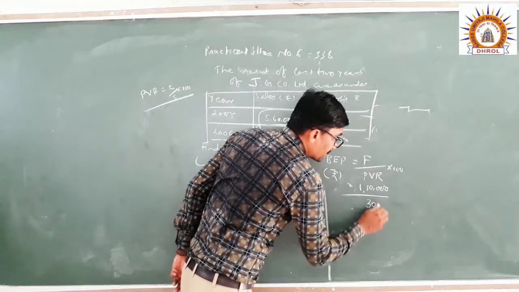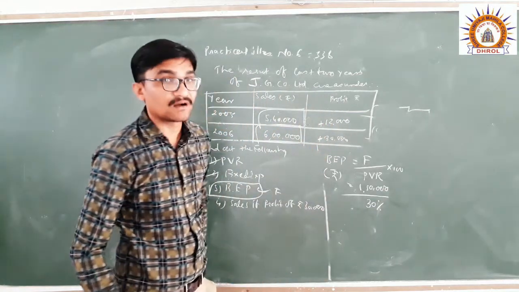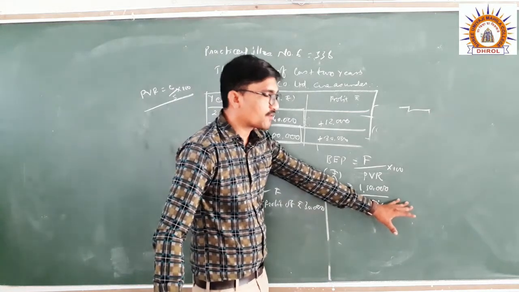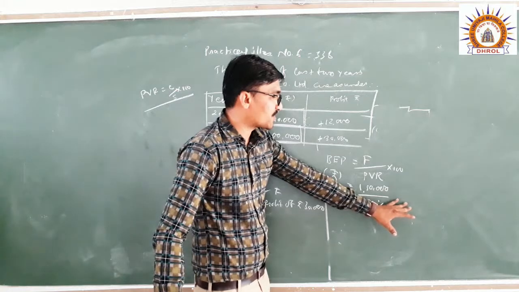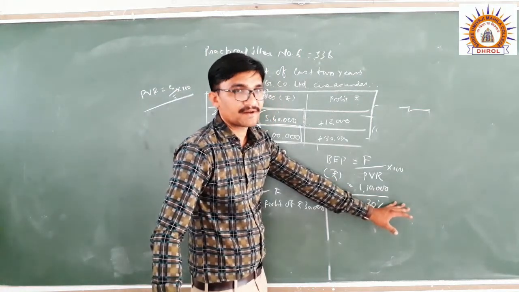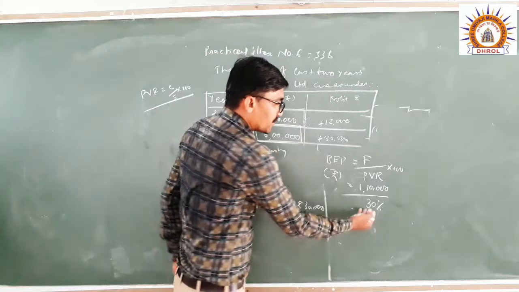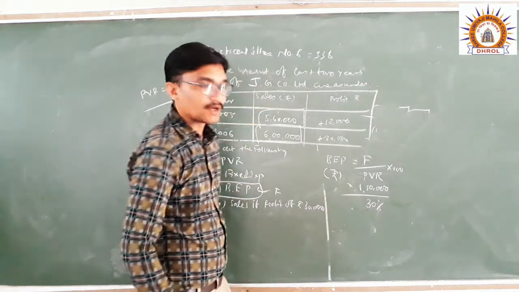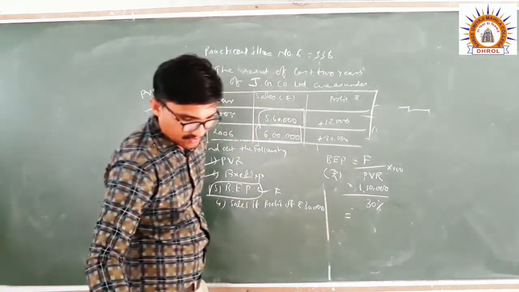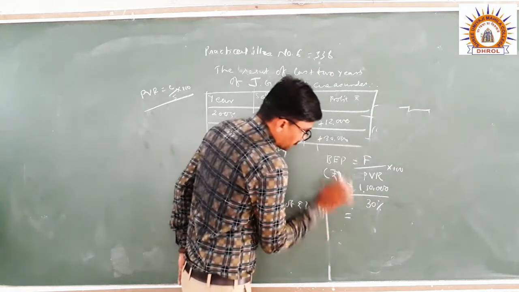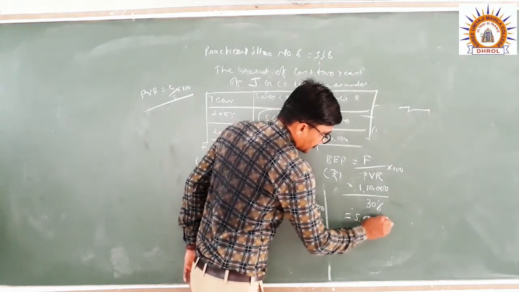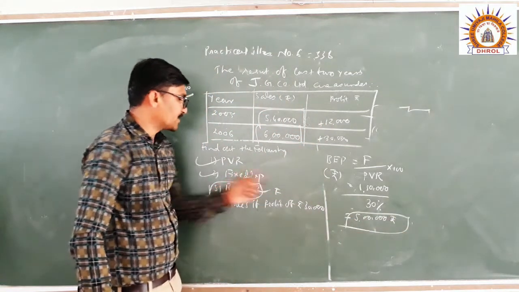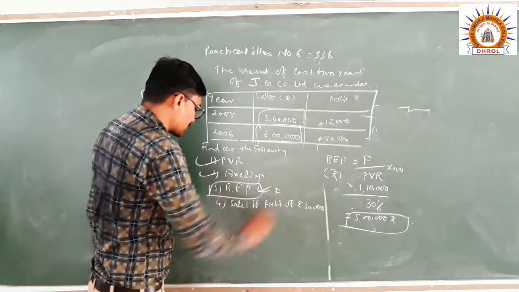And if you put the percentage sign near the 30, then the multiplication by 100 is not required, because you have already used the percentage sign with the 30. So the amount of break-even point in terms of rupees is 5 lakhs. 5 lakhs rupees. This is your answer, break-even point in terms of rupees. Now complete.